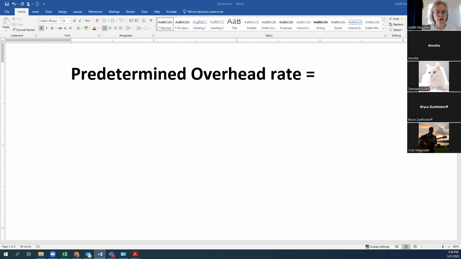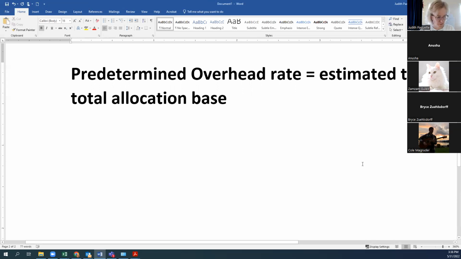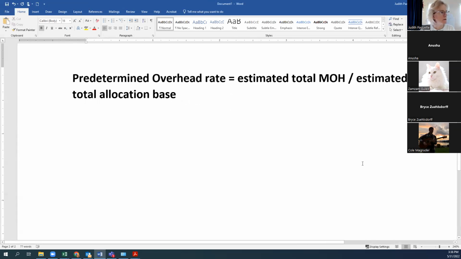Good, good, good. Okay, so when you're figuring this out, make sure it's manufacturing costs. You can have similar costs, but they don't necessarily qualify.